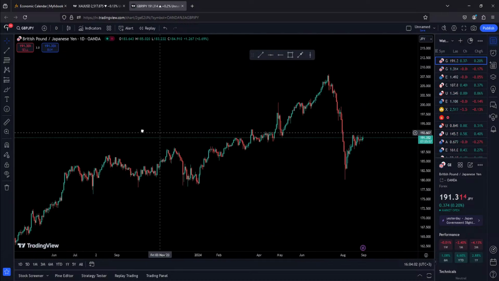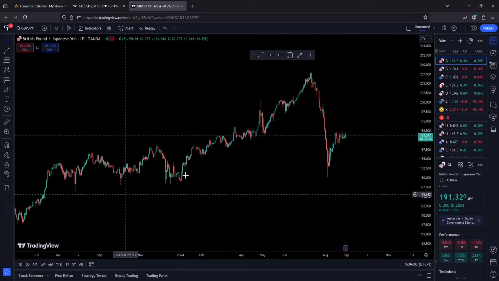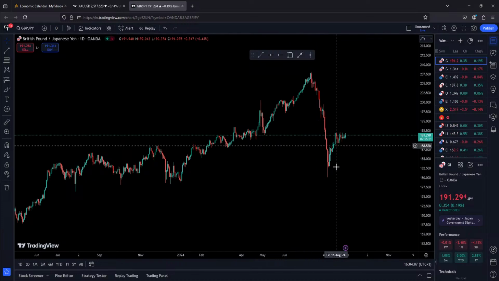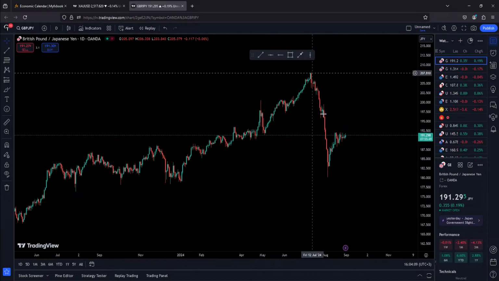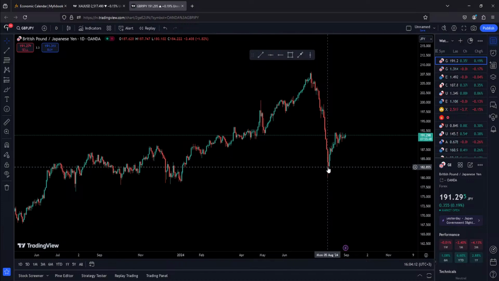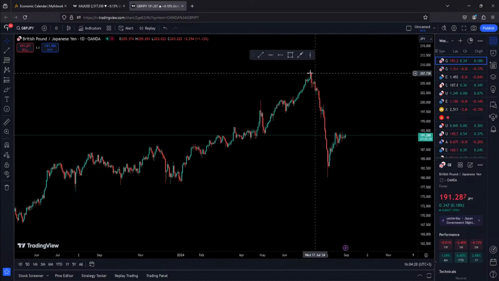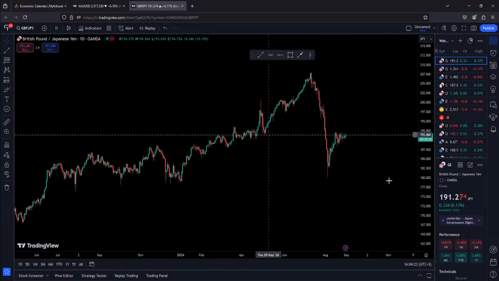If we look at the overall trend, the market was in heavy buys, and then something happened over here and the market just went down from this level, and after that the market is now retracing back up. So this can be a retracement, or this can be a form of a low from where the market is going to move up to the previous high it has created, and the trend will continue, okay?